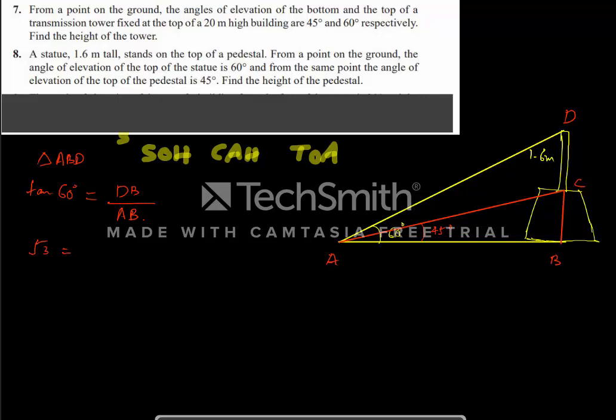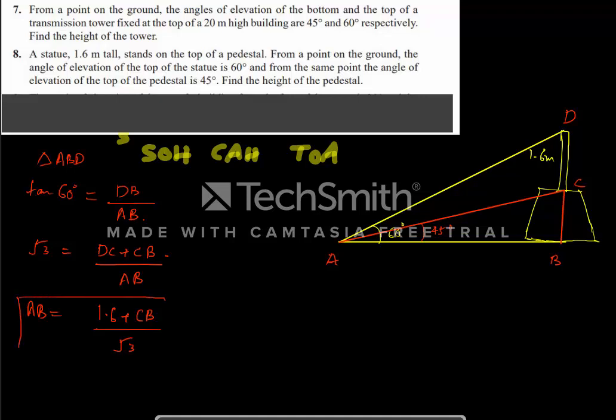Root 3 is equal to, we can write DB as DC plus CB, right? DC plus CB divided by AB. Or we can write AB is equal to DC, we know 1.6, plus CB divided by root 3.